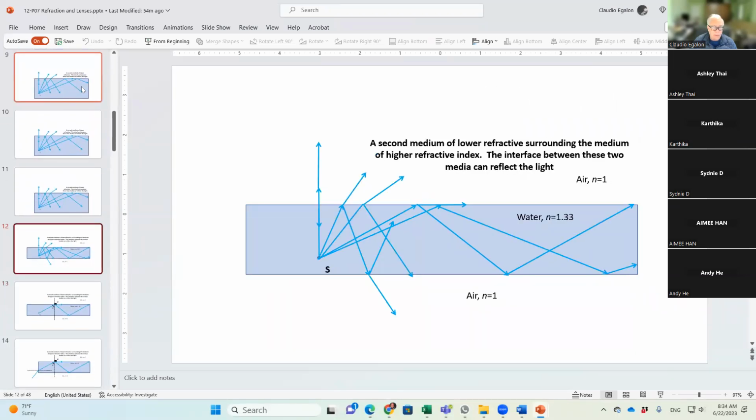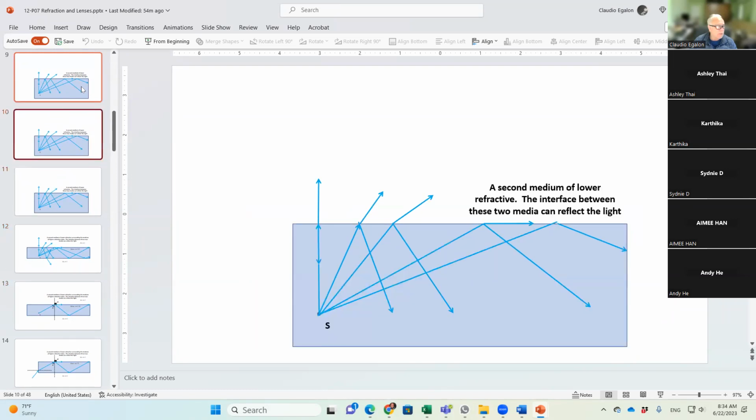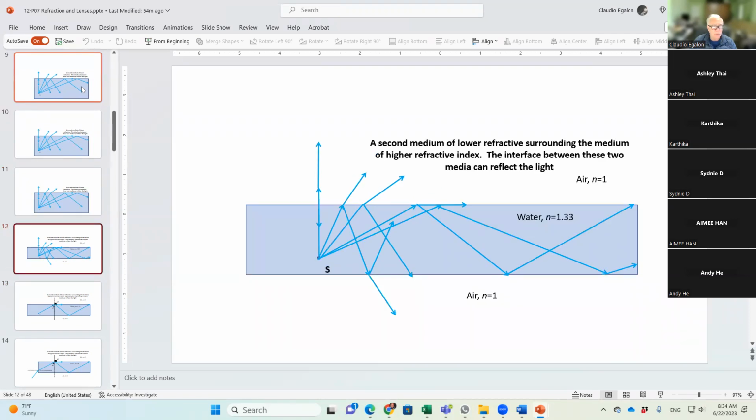One important thing that I want to mention right now, that I did mention before but didn't illustrate, is that when you get total internal reflection and the device has this geometry, with air below and air above, you can have light propagation over very long distances because you have very little loss due to light leaking out.